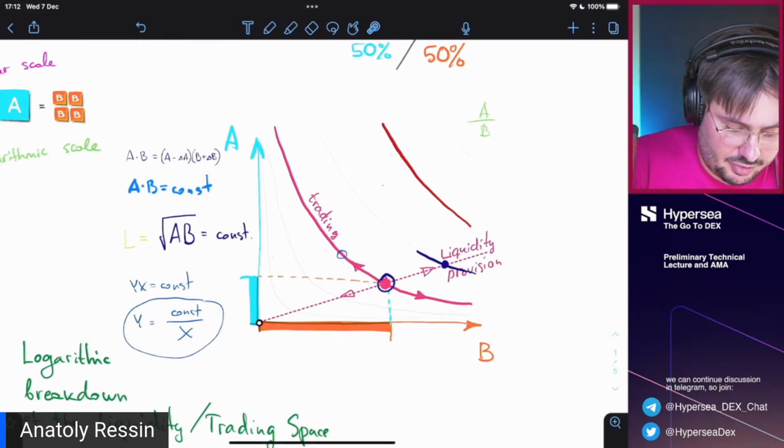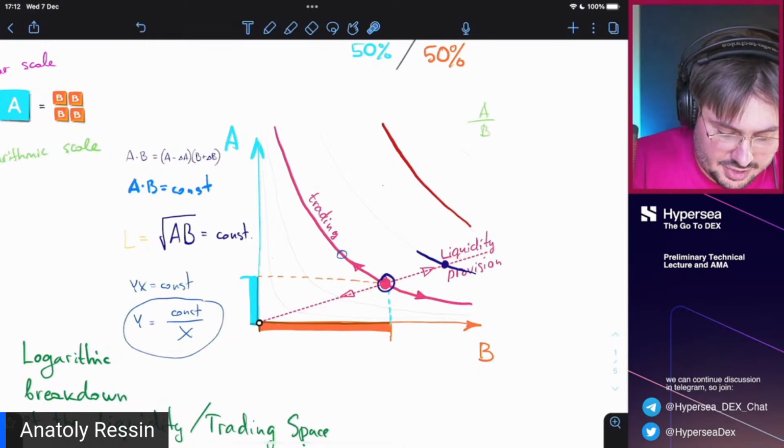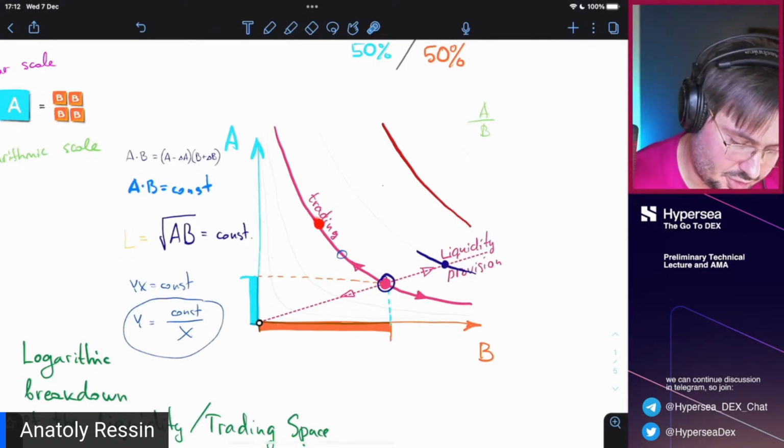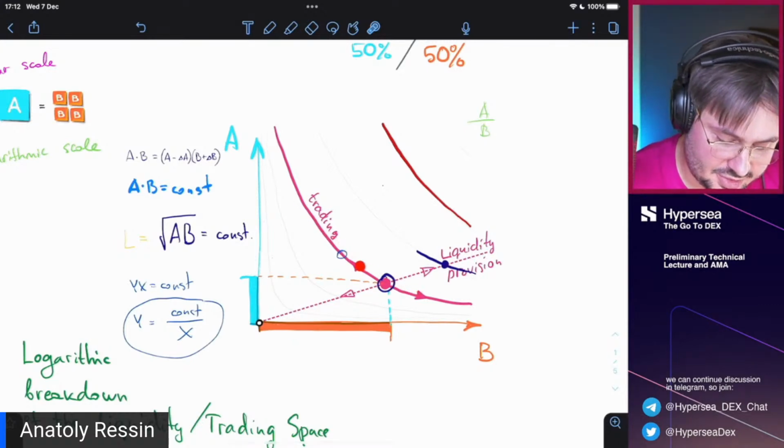So liquidity providers are going through this line, and traders are changing the system state in this way.